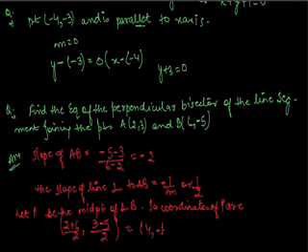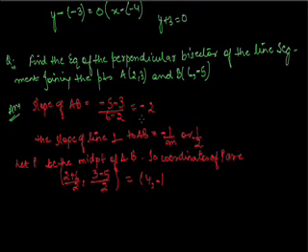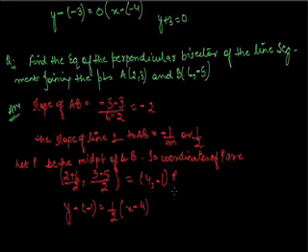So the required line passes through this point P and has slope half. So y minus y1, that is y plus 1, is equal to m, which is half, times (x minus 4), which gives x minus 2y minus 6 is equal to 0. Thank you. Now we'll be continuing it in the next lecture.